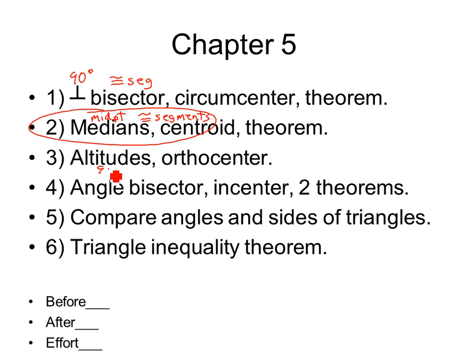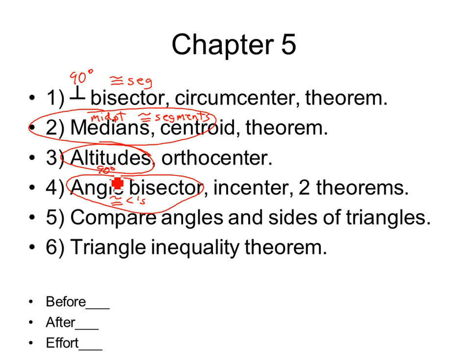Right angles, 90 degrees. Anytime you see altitudes, you know you have 90-degree angles. Angle bisector. What's the key thing to remember there? Cuts what in half? So congruent angles. As you hear angle bisector, you've got congruent angles.